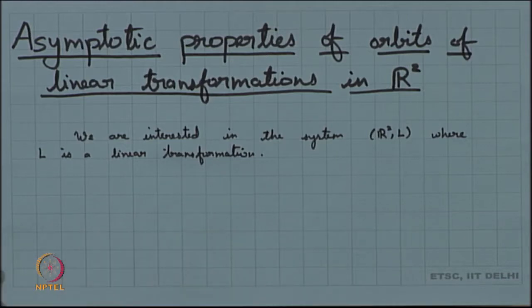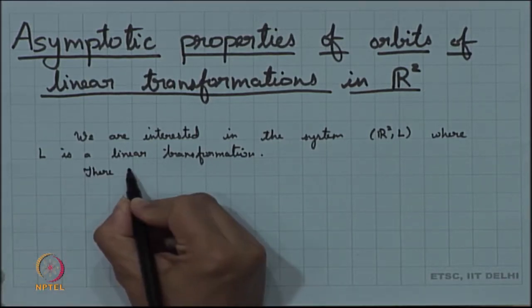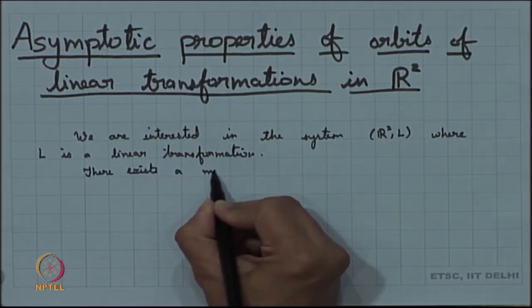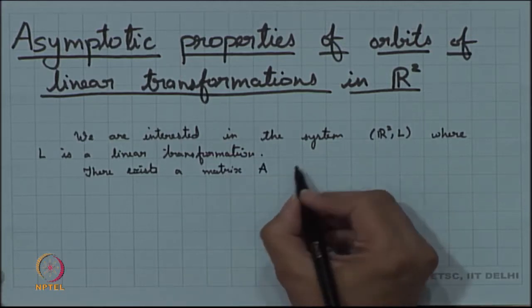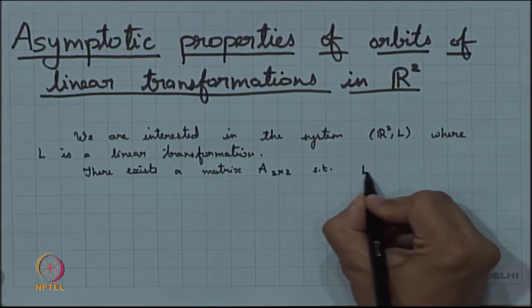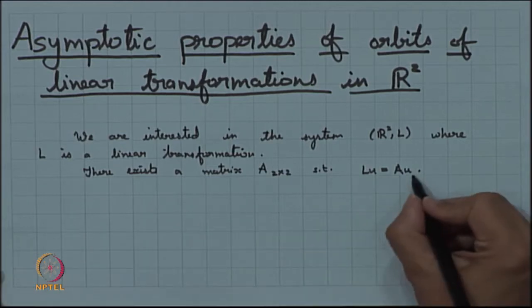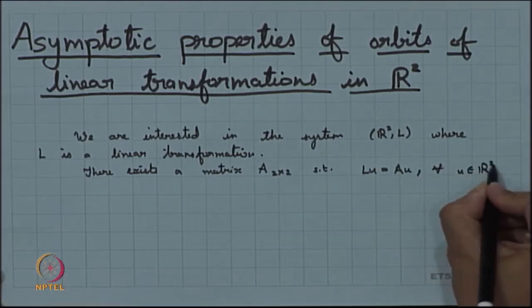Now, since L is a linear transformation, there exists a matrix A, which is basically a 2 cross 2 matrix, such that L of u is basically A u, and this is true for every u in R square.